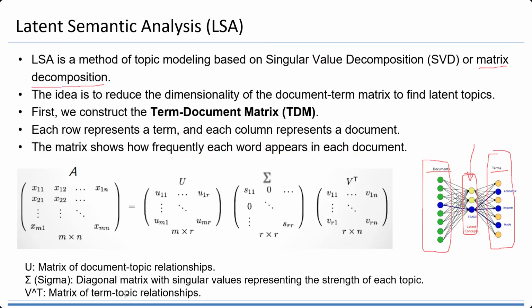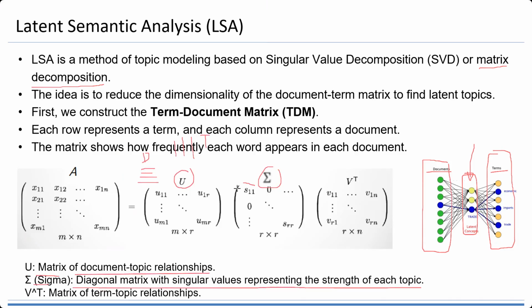So how can we find this? We will define U. U is the matrix about the document and topic relationship. So we have the document and the particular topic. Sigma is the diagonal matrix with singular values representing the strength of each topic.